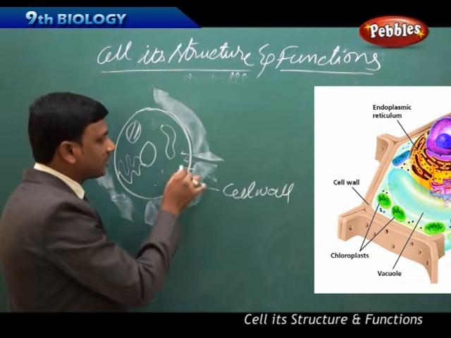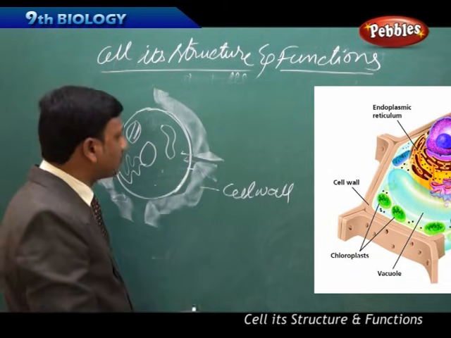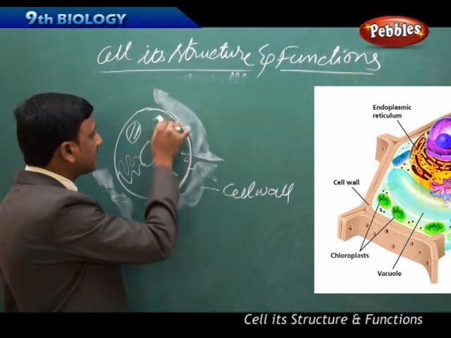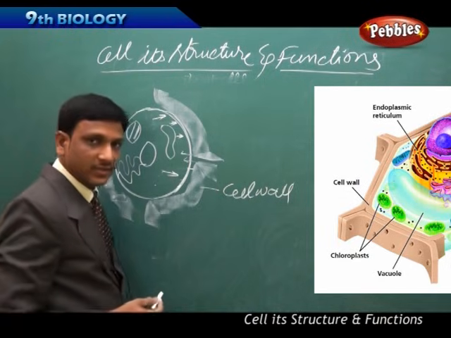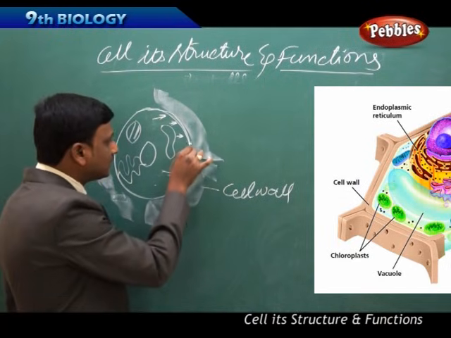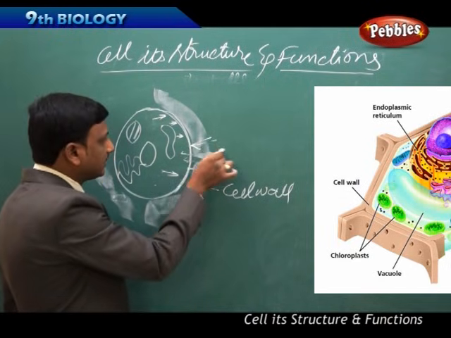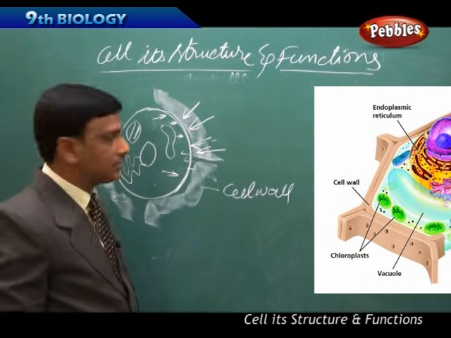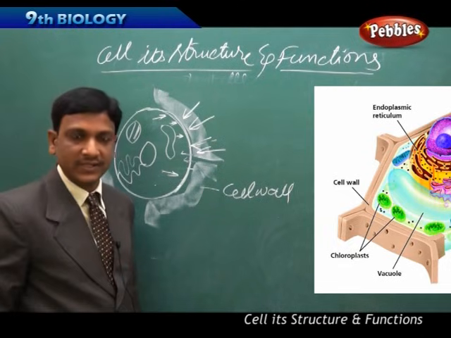It gives support to the cell and it counters the inner pressure. Inside the cell, there is a lot of pressure on the cell membrane. So this pressure is countered. The reverse pressure is applied by the cell wall. So that is the major function of the cell wall.